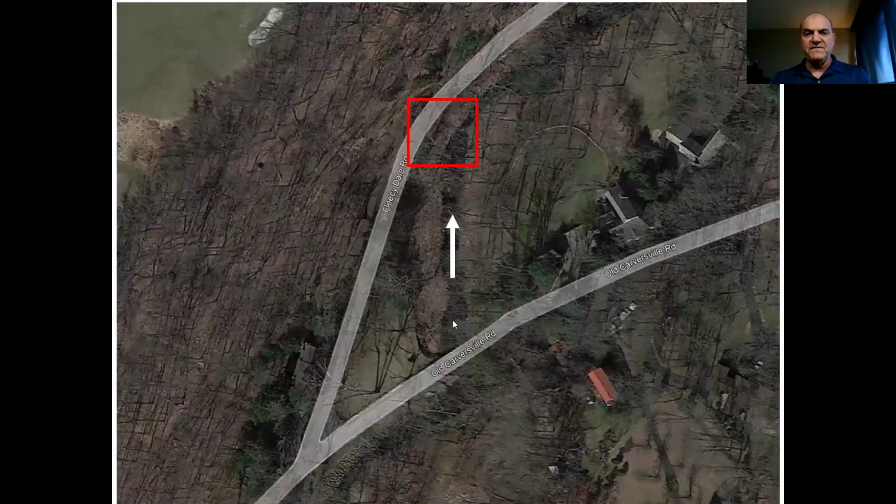Looking at the aerial photograph, you can get a better idea. Here's the original channel, which just took a glancing blow along the edge here, whereas that slight realignment of the channel increases the angle of attack against the road, and that's what caused the road to fail.